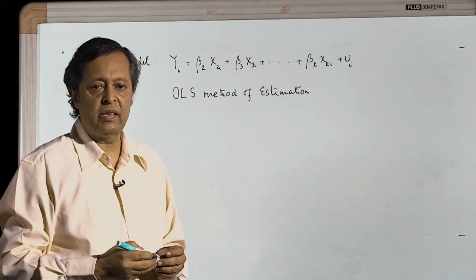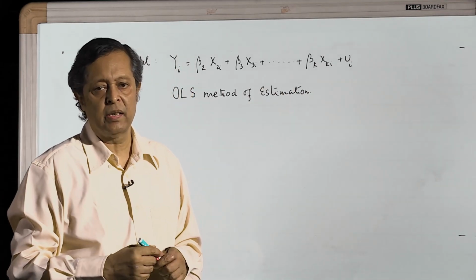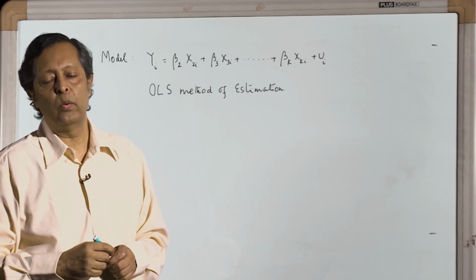And when we minimize the error sum of squares, we obtain the normal equations.